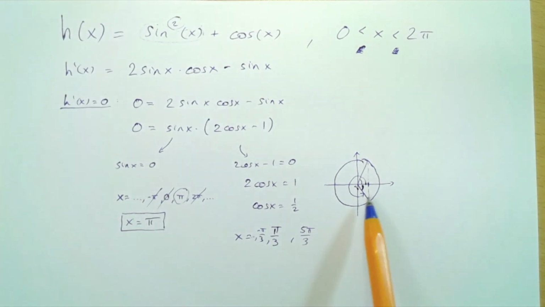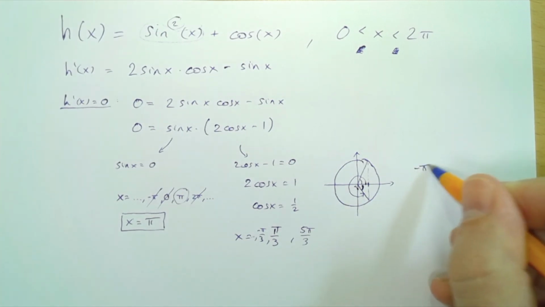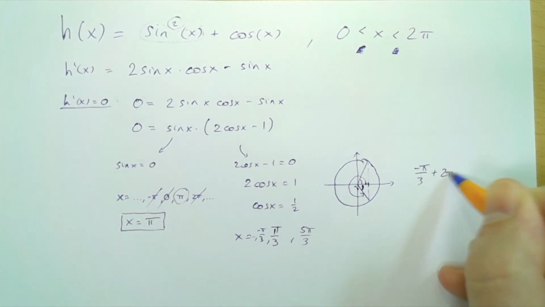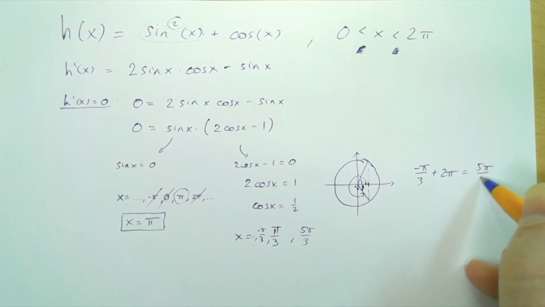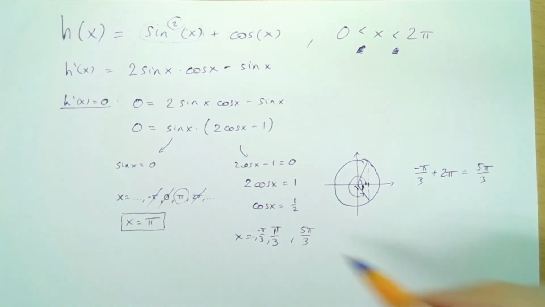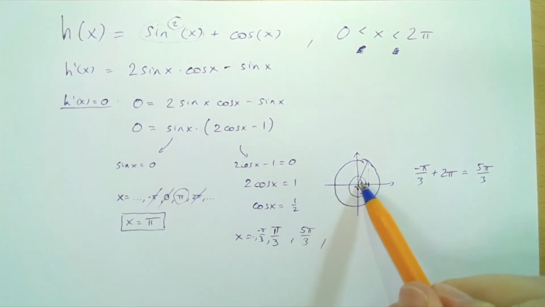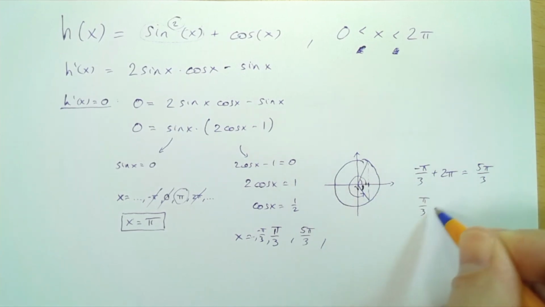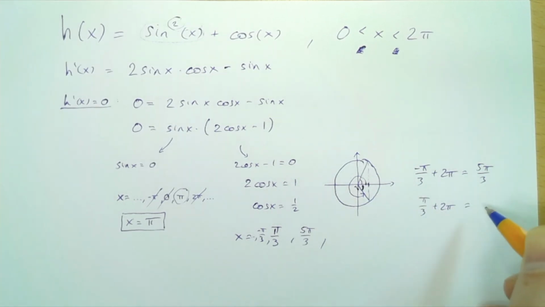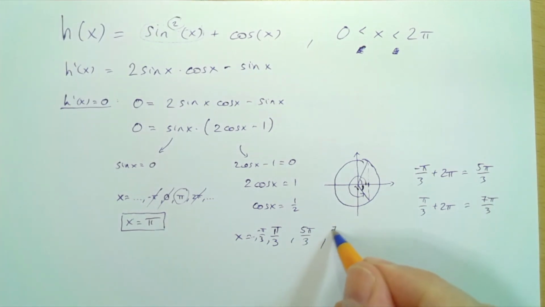What you do is, from negative pi over 3, you add 2 pi. Negative pi over 3 plus 2 pi equals 5 pi over 3. And there would, of course, be more. We can take the angle pi over 3 and add 2 pi, and that would yield 7 pi over 3. And so on and so on.